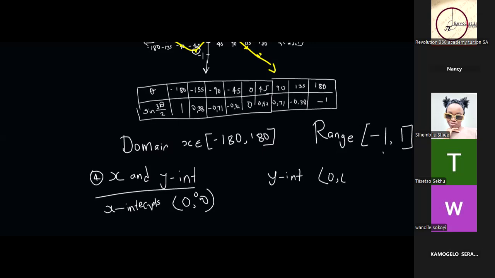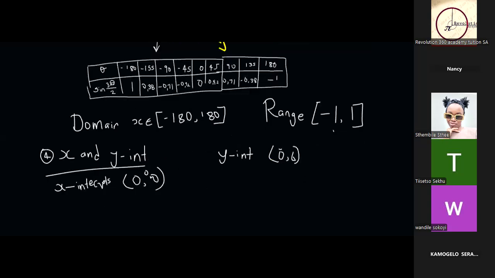And then with regards to that, not only 0 and 0, it will also be minus 120 and 0. It will also be 120 and 0. So those are going to be your x-intercepts, and the y-intercept is only 0 and 0. We're done with that one.